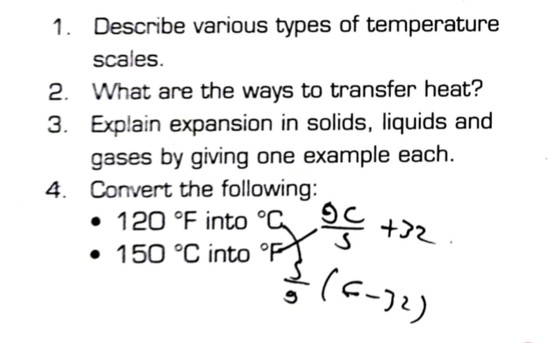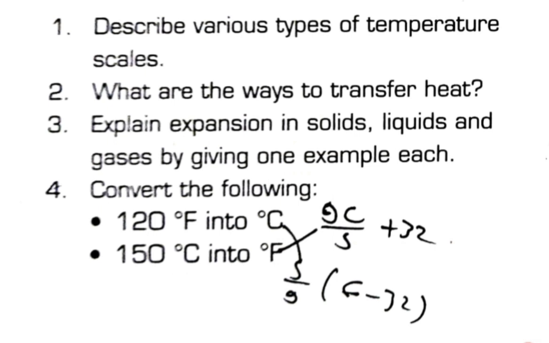So students, during our regular classes, we have also discussed how we can change degrees Fahrenheit into degrees Celsius and how we can change degrees Celsius into degrees Fahrenheit. To change 120 degrees Fahrenheit into Celsius, you have to subtract 32 from the reading in Fahrenheit and then multiply the value obtained by 5 by 9.